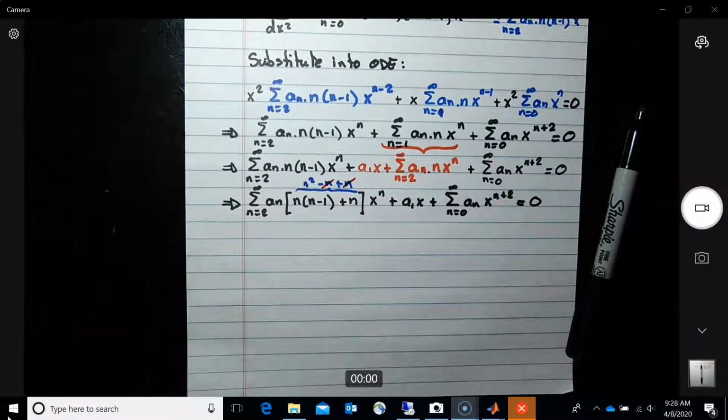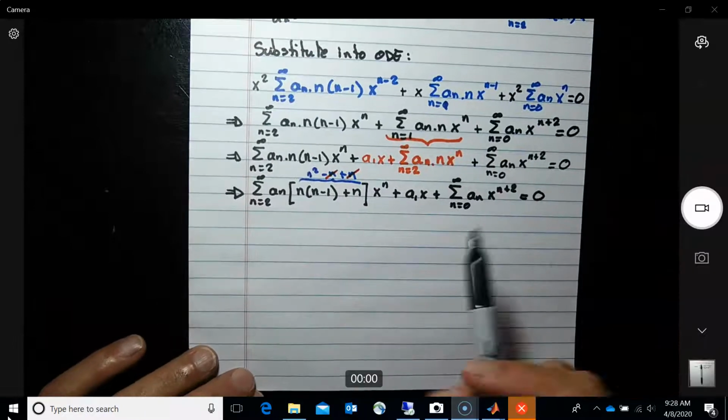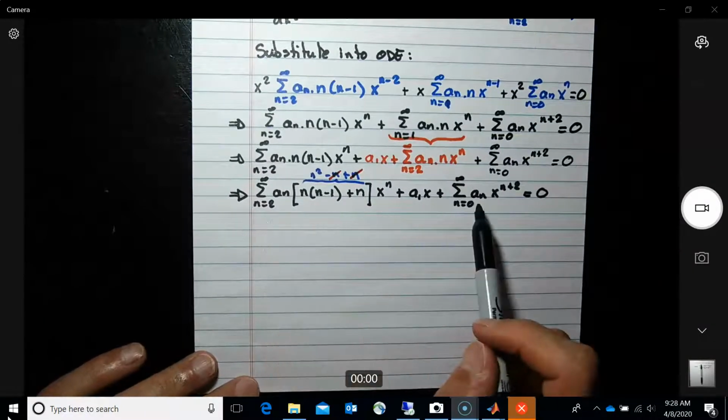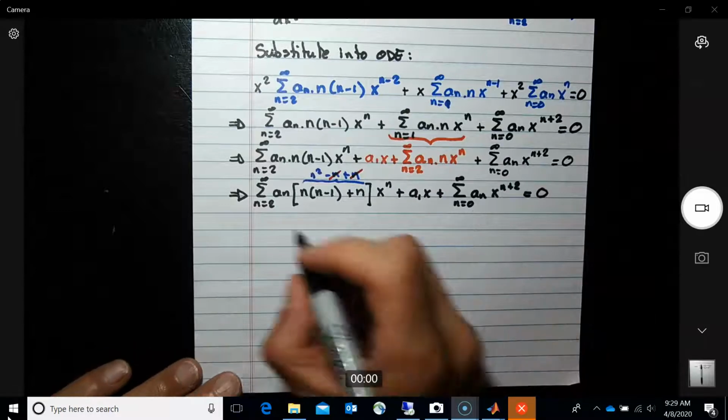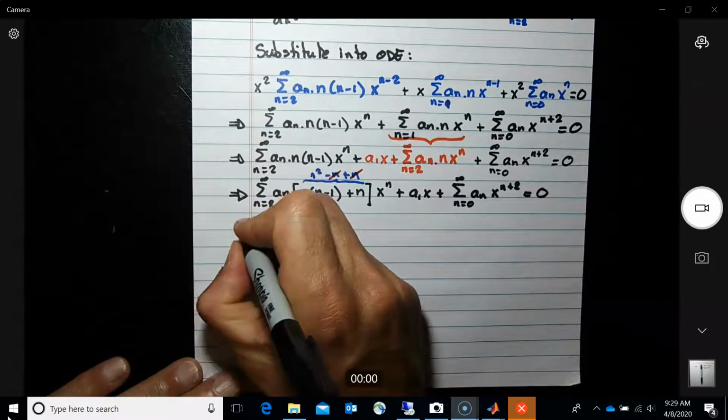And then we have again the problem that we don't start the summation from the same point. Okay, but let's not do too much in one step.